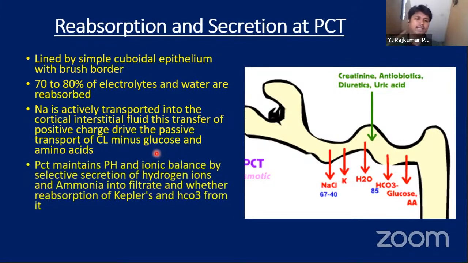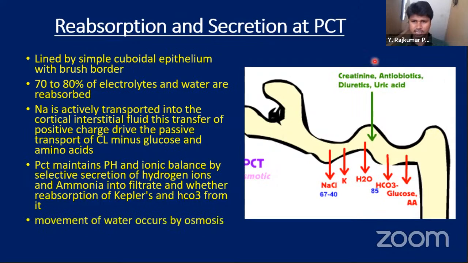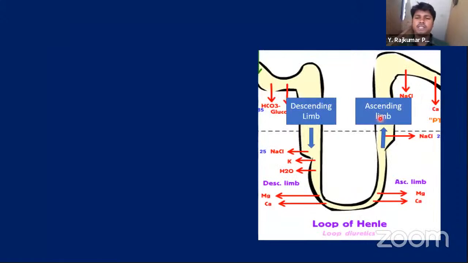PCT maintains pH and ionic balance by selective secretion of hydrogen ions and ammonia into filtrate, and reabsorption of HCO3 from it. So here in the picture, you can see the green color substances are secreted and red color substances are reabsorbed. Movement of water occurs by the osmosis process.